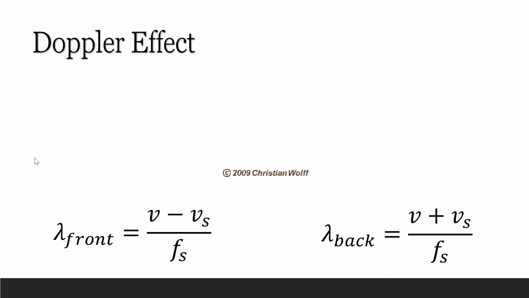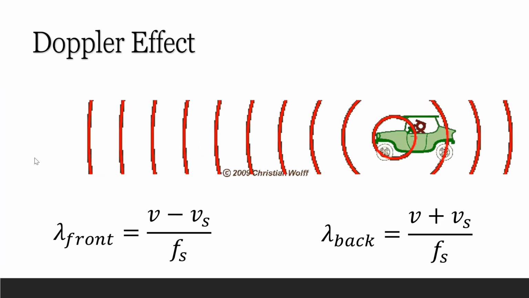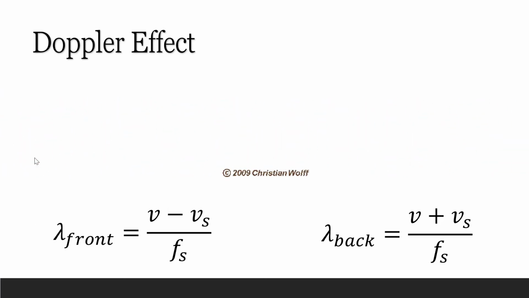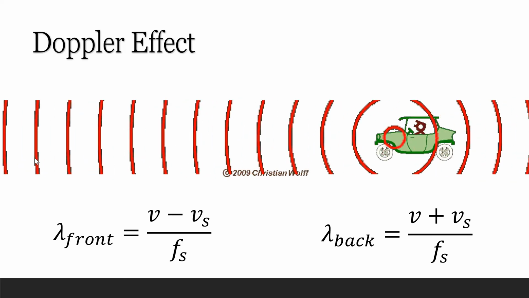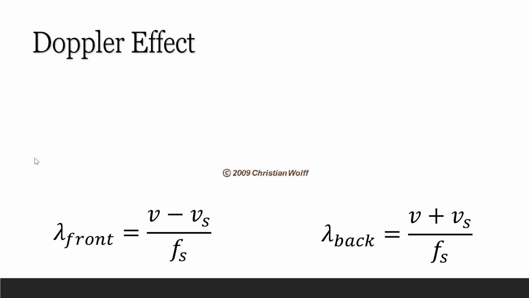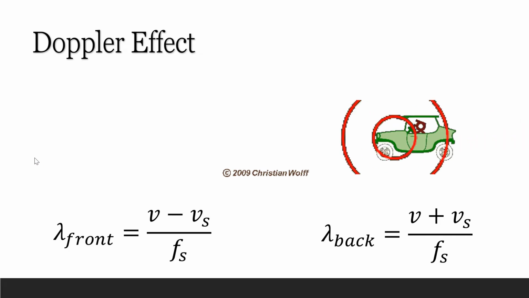While at the back, the wavelength is equal to (V + VS) over FS. So notice the wavelength in front of the source is much smaller than the wavelength at the back of the source. It is because your source is moving.